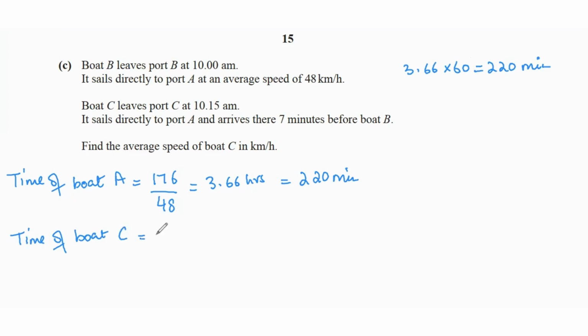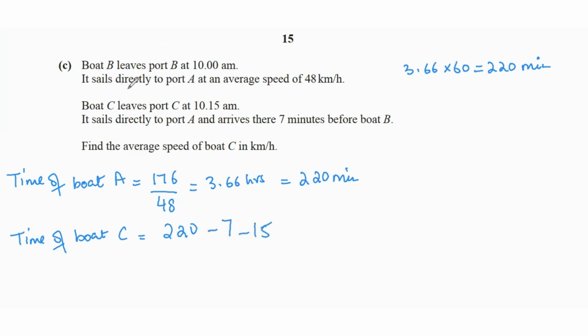C. For port C, it says that port C leaves port C at 10:15. So from this 220, and it's arriving 7 minutes before. So we subtract 7 and then we subtract 15 as well.